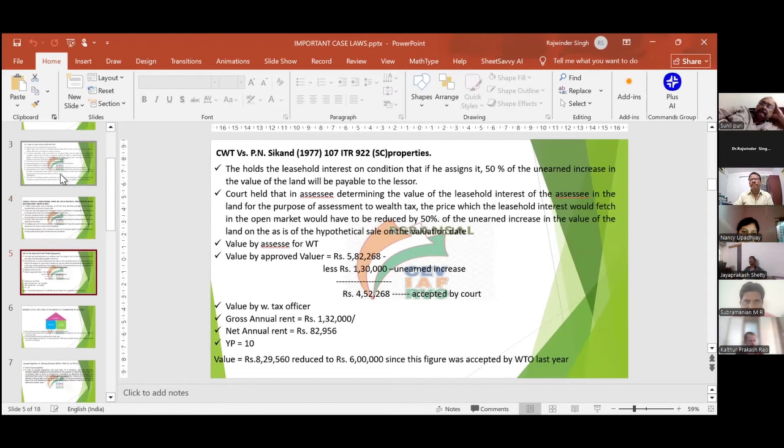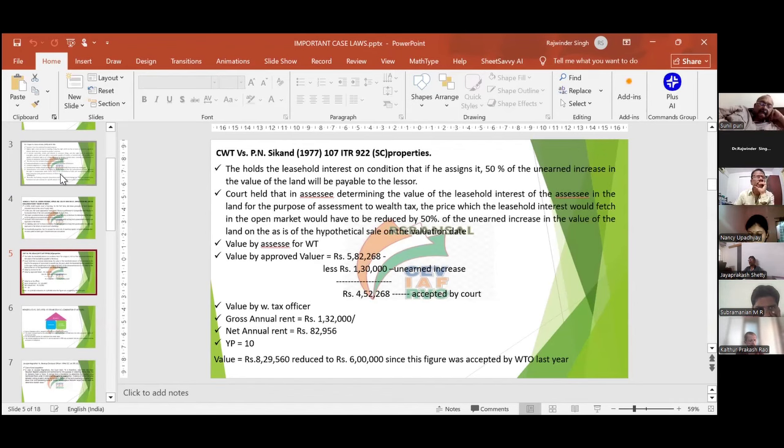Next is CVT versus PN Sakan. It is also an important case law. The holder of leasehold interest, on the condition that if he assigns, 50% of unearned increase in the value of the land will be payable to the lessor.